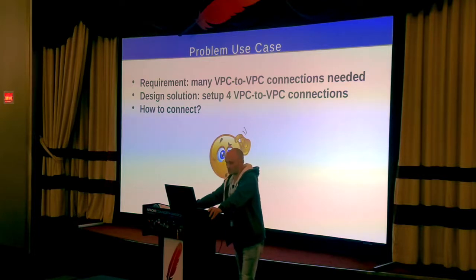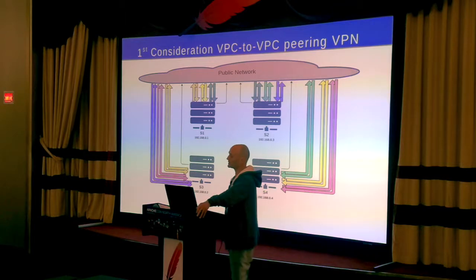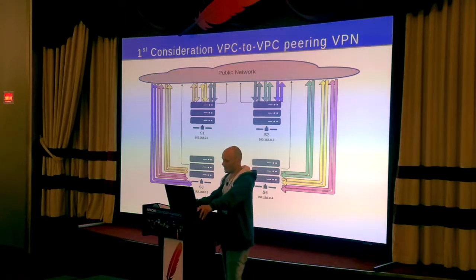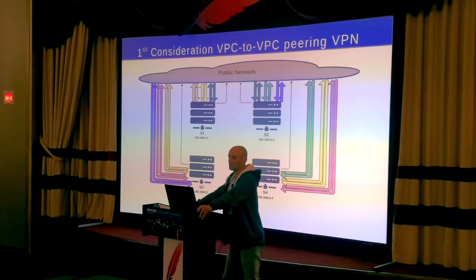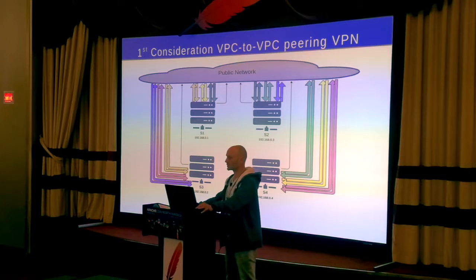So how do we actually connect these applications? Here's what we tried. First of all, we tried to peer using VPN connections. Here's a representation of how many VPN connections are actually involved when trying to peer only 4 VPCs.